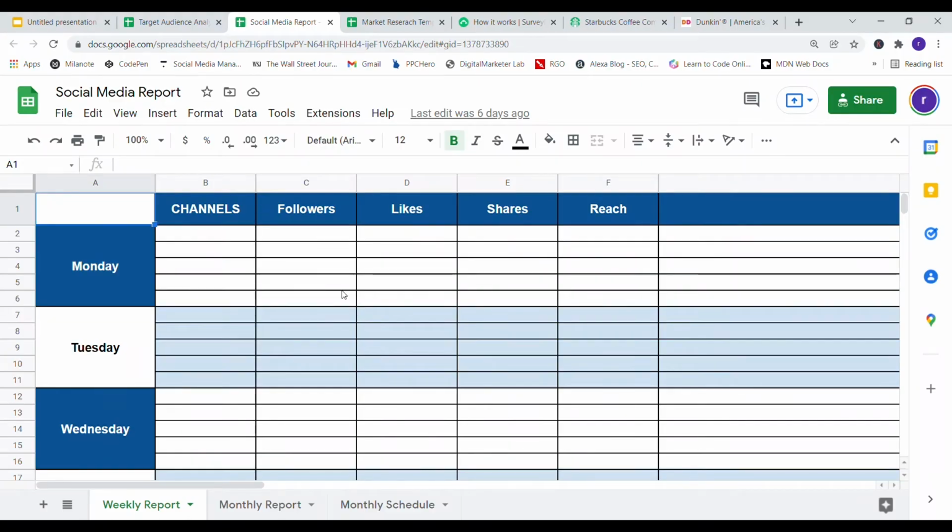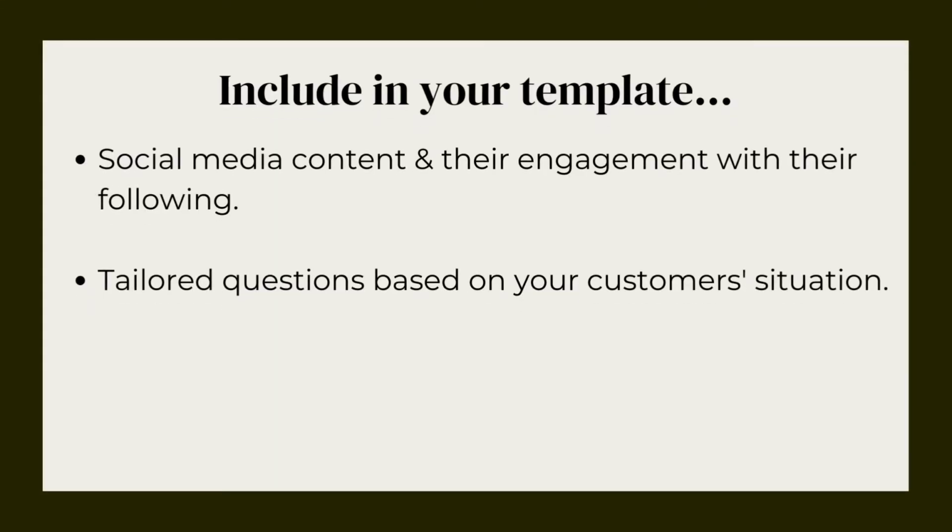You can also review some of their social media before having a voice of the customer interview. So understanding what channels they're using, how many followers they have, how much engagement they're getting from their social media can really help you tailor questions based on their specific situation.